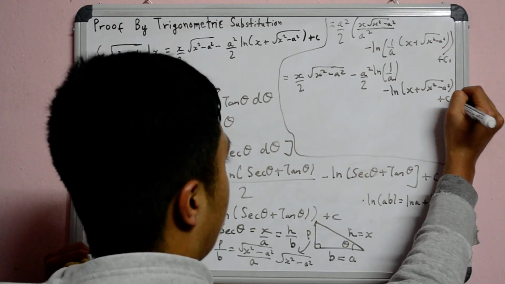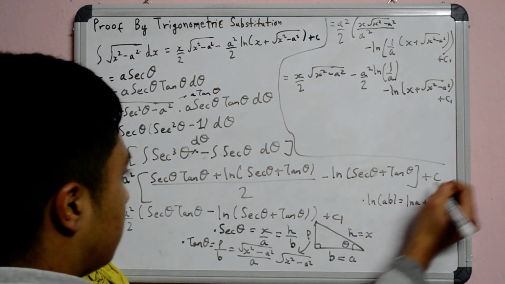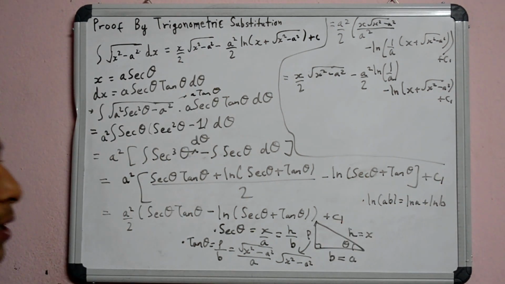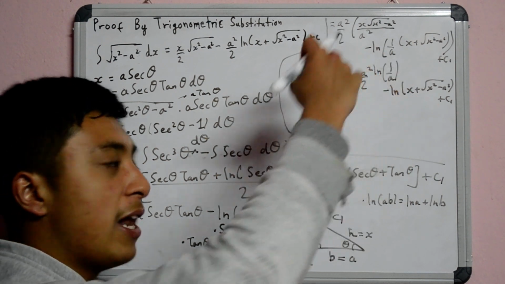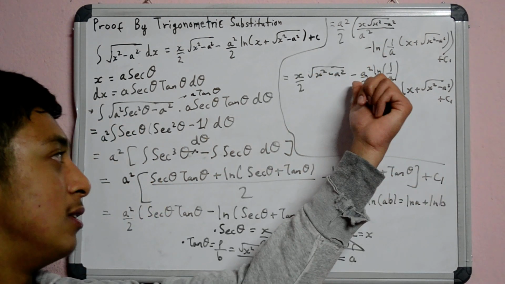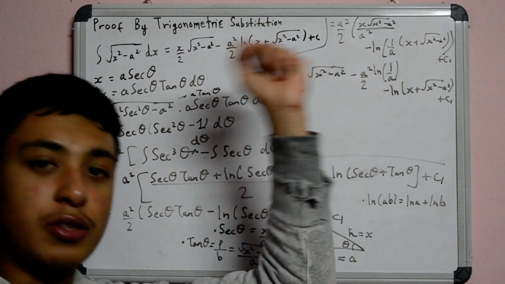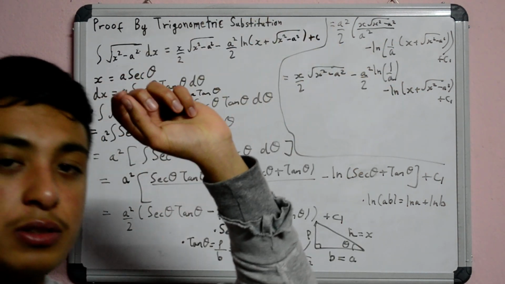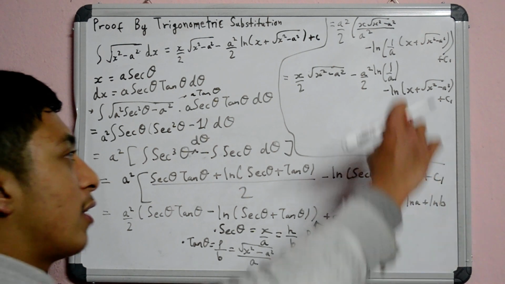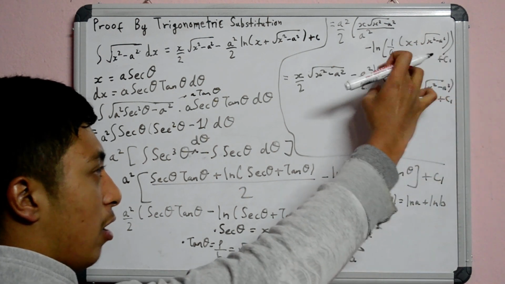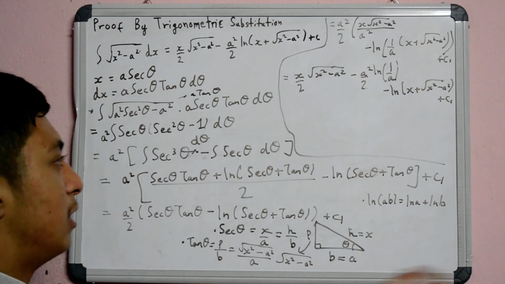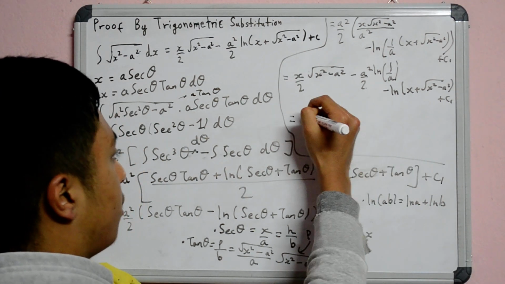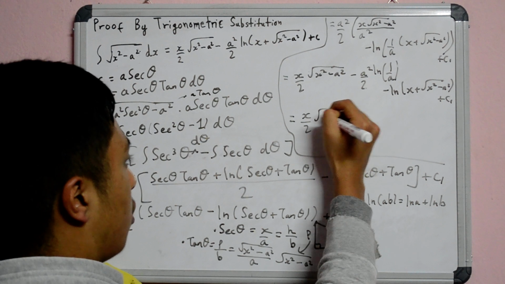actually plus c1. You'll understand why. In this step we have this thing, a square by 2 ln 1 by a. Now this whole thing is just a constant because a is just a constant. What you can see now is we have a difference of two constants, which just gives another constant. So that means together they can be represented as another constant, right?